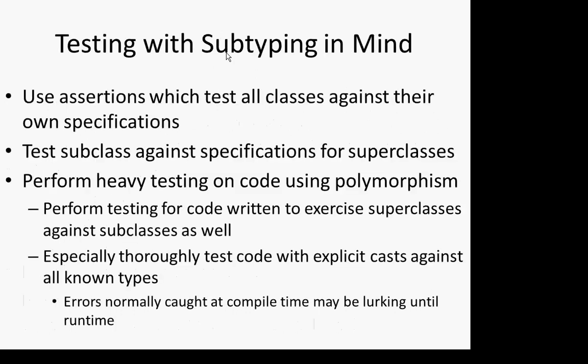Okay. So in this context, we want to use assertions which test classes against their own specification. If you have a contract, explicit or implicit, you should be thinking about encoding those things with assertions. Those are things which are assumed to be held true as preconditions, I should say.